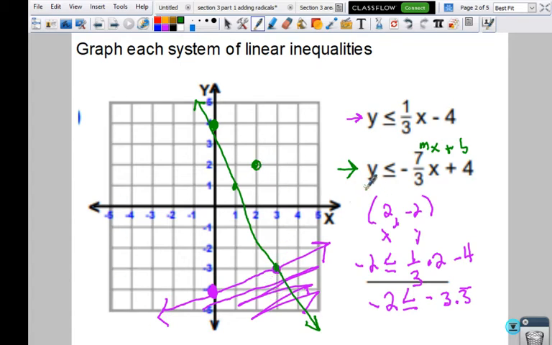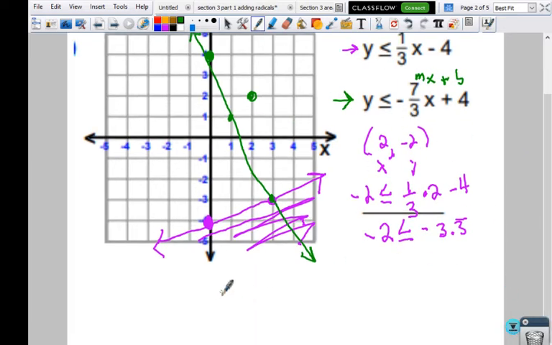And just like last time when I plugged in these numbers, I'm going to plug in 2, 2 into this one. So I'm plugging in 2, 2. So 2 is going to go in for y, less than negative 7 over 3 times 2 plus 4.